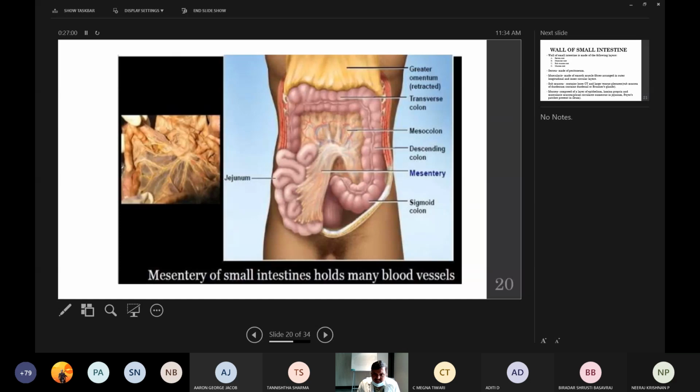It suspends the coils of jejunum and ileum, and they have maximum mobility. Understand? This is the mesentery seen in dissected specimens. This mesentery not only suspends the coils of jejunum and ileum, it also provides nutrition to the jejunum and ileum.